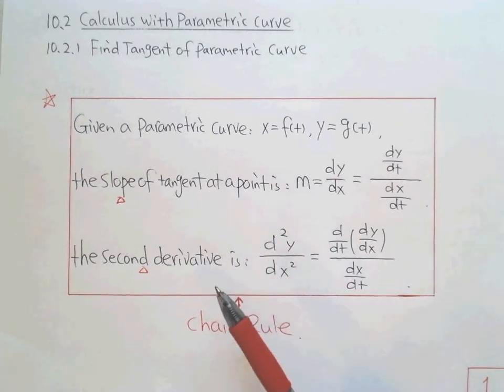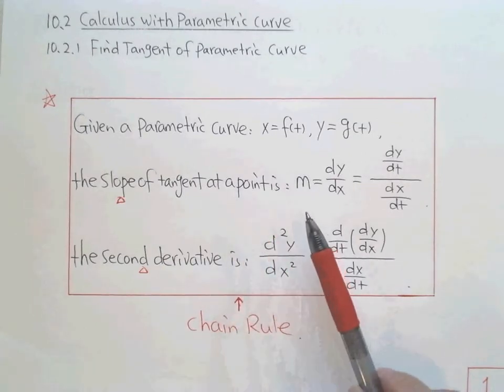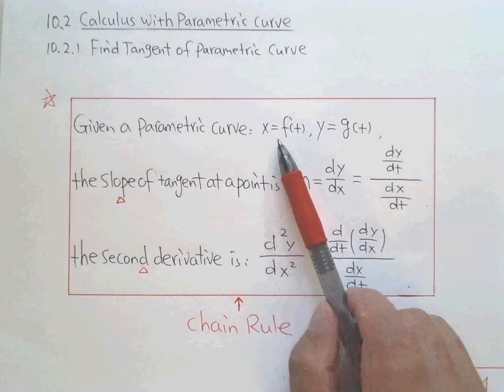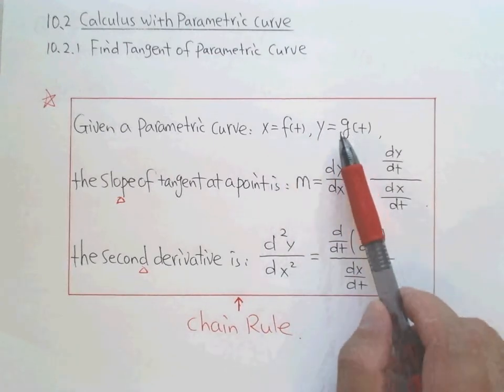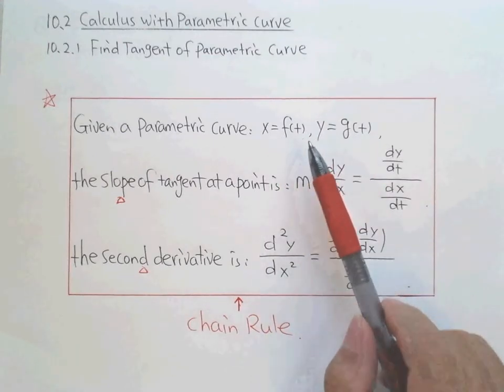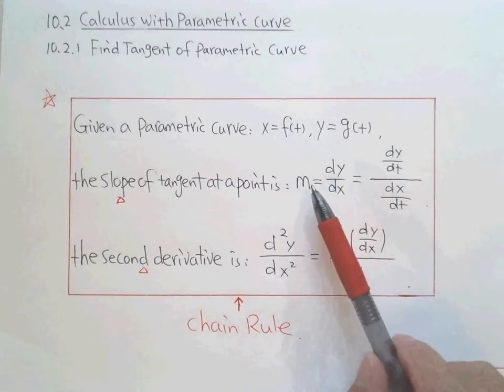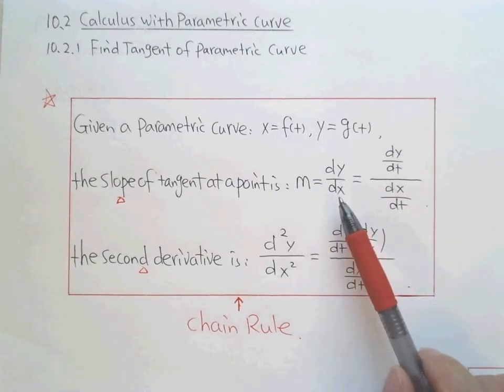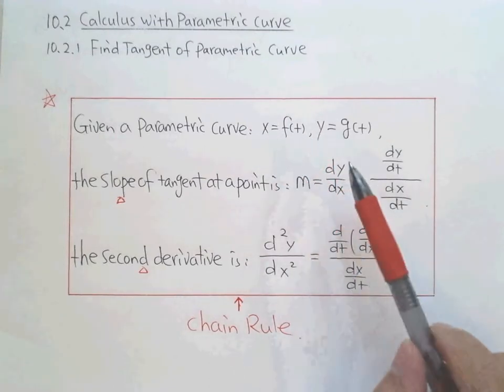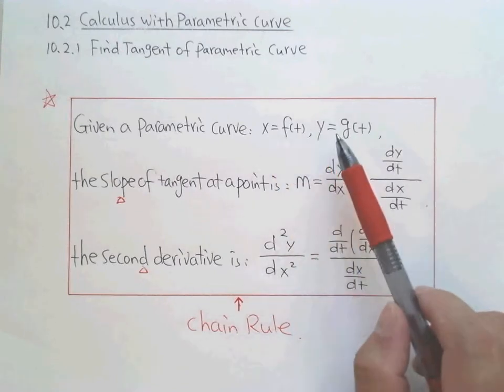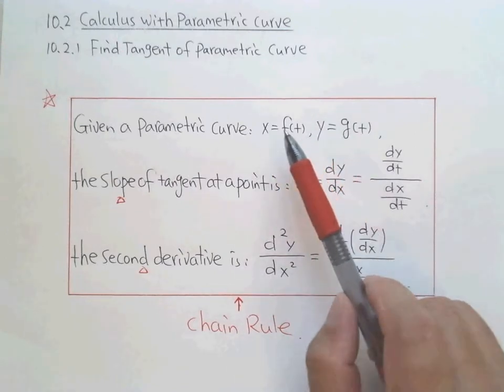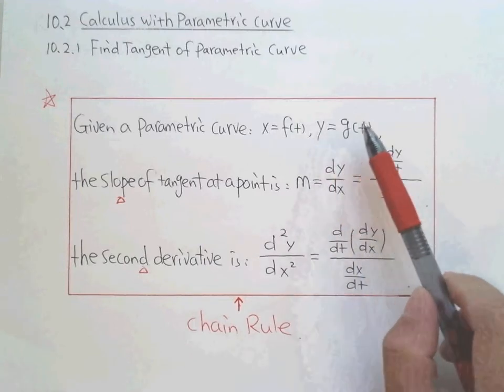So suppose we have a parametric curve, and the parameter is t. How do we find the slope? The slope means dy/dx. We do not have a direct relationship between y and x, but we do have a middle variable t to link both together.